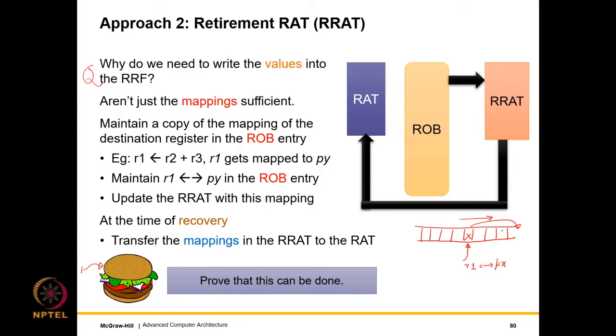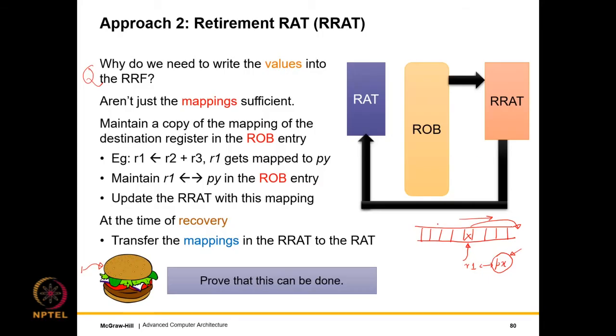So it doesn't matter, but it is definitely not before. So if it is not before, then what it means is that when the mispredicted branch actually reaches the head of the ROB, we are guaranteed to still have PX in an untouched form, because the instruction that maybe modifies R1 would not have committed. So PX would still retain its value, and this can be used, so we don't really have to copy any values, right?